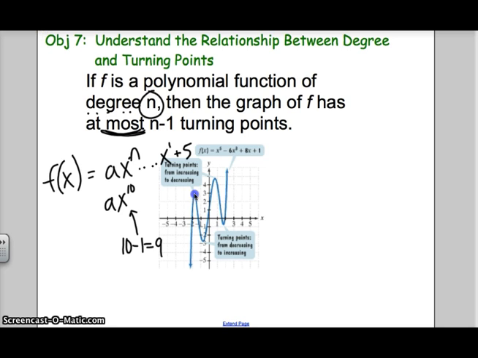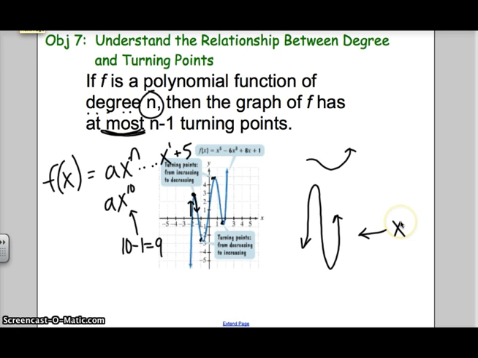And to understand a turning point, it's simply where it changes from increasing. This graph is increasing, then it turns to decreasing. And so those are turning points here. It's just like you might think of it, where the graph turns and goes the other direction. Okay, a turning point can be subtle, or it can be pretty drastic. Okay, but a turning point is a turning point. So this one would have a degree at most.